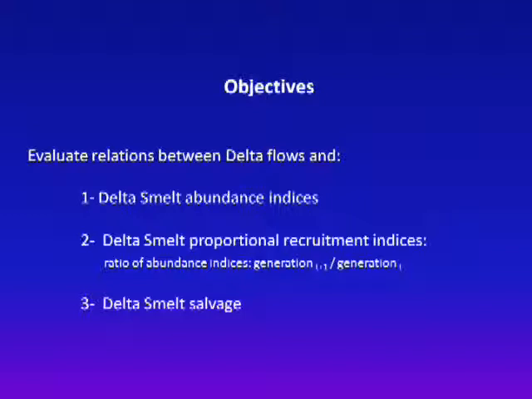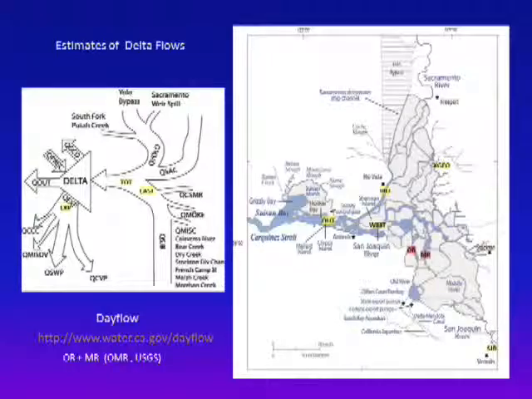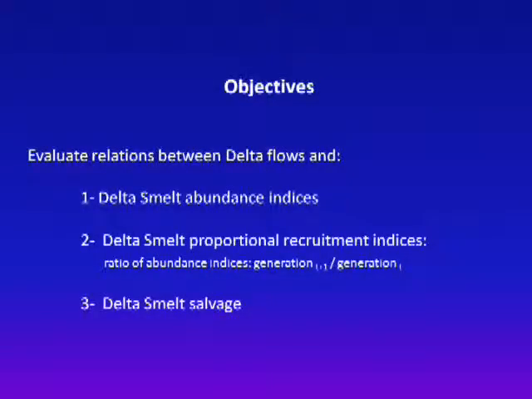In this case, I use the fall midwater trawl or spring Kodiak trawl, and the next generation is either the larval or early juveniles measured by the 20 millimeter survey or the townet survey. That is the next survey. So this adjustment is done to account for the parental contribution or to control for differences in the number of spawners that gave rise to the next generation.